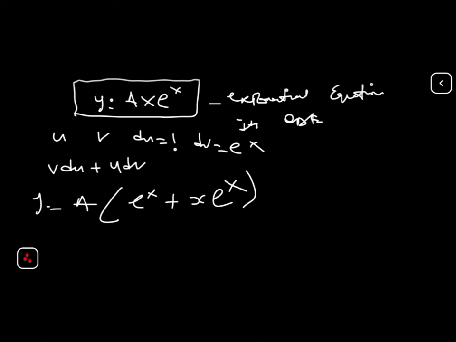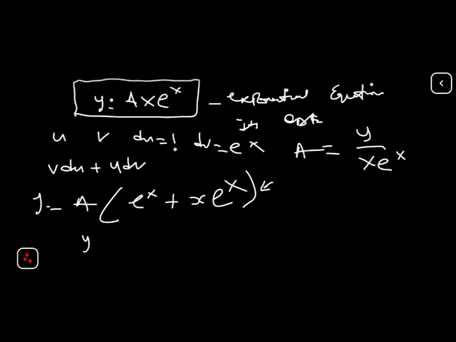But then from the first equation, we can make a the subject of the formula. So a from the first equation would equal y over x e to the x. We are going to substitute it into this equation here and go ahead with our solving.